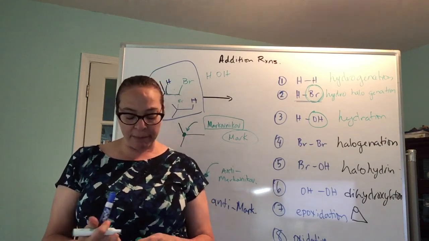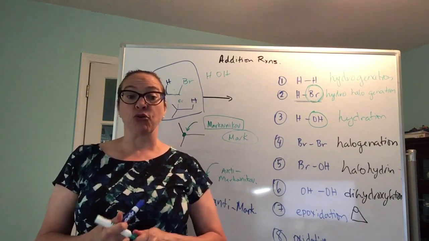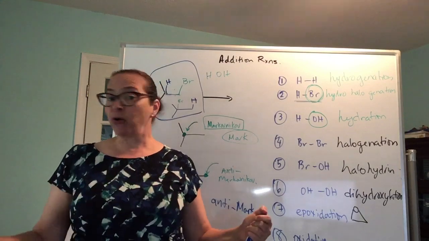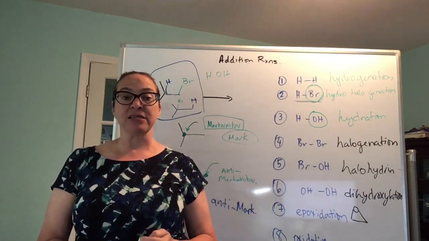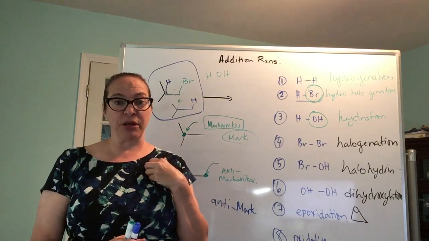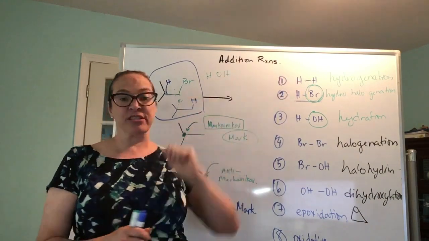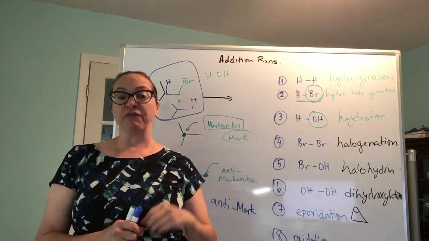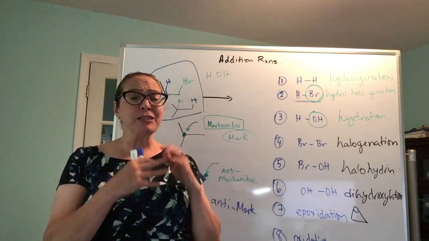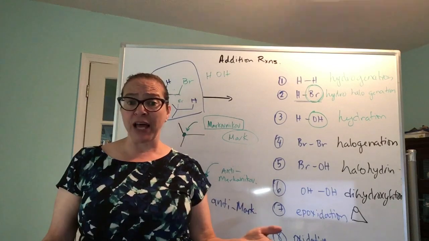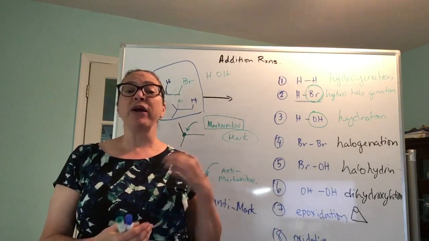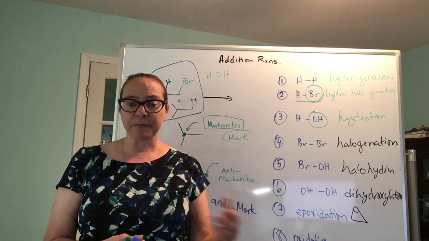At this point, many students want to just grab all of these addition reactions and memorize a list that says, if I add these reagents, I'm going to add hydrogens to the double bond. If I add these reagents, it's going to add Markovnikov. If I add these reagents, it's going to add anti-Markovnikov. And they spend lots of time with lots of flashcards memorizing all of these reagents and what product they're going to get.